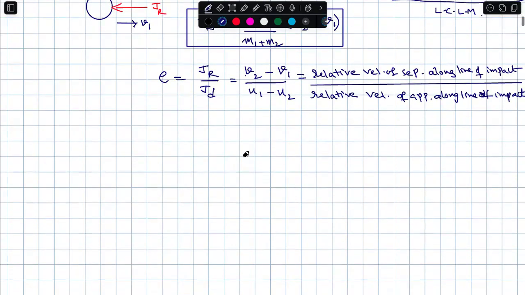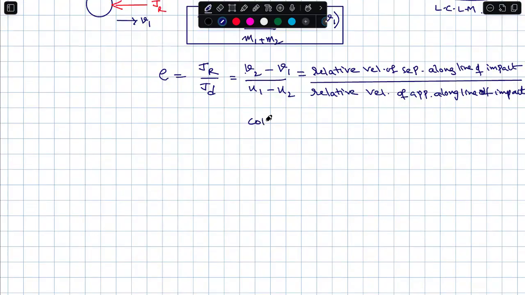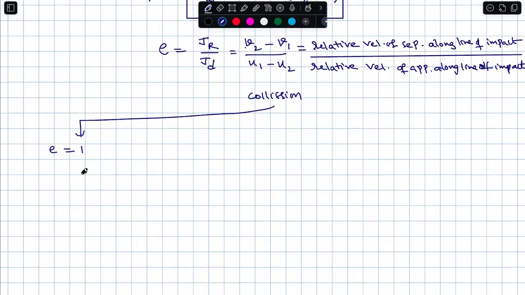Now again I will classify. If e is equal to 1, it is called perfect elastic collision. So in this, KE is conserved. Right.